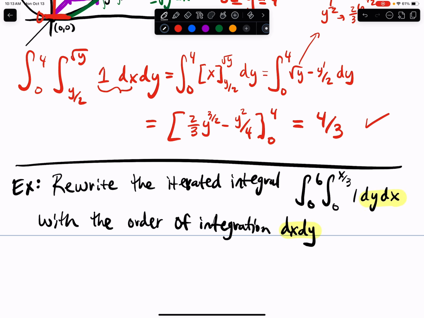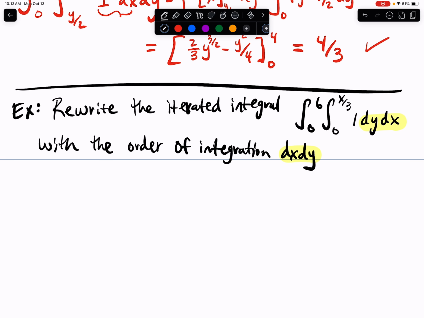I'm going to integrate with respect to x and then with respect to y. So how do we do this? My suggestion would be to figure out what that region is. Okay, and we do that by focusing on, first I integrate with respect to y. So curve to curve, okay, it's bounded by what?